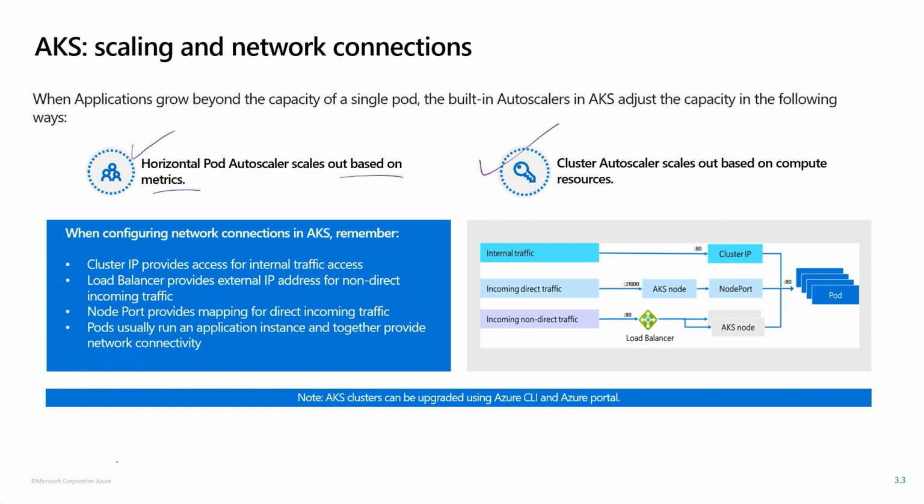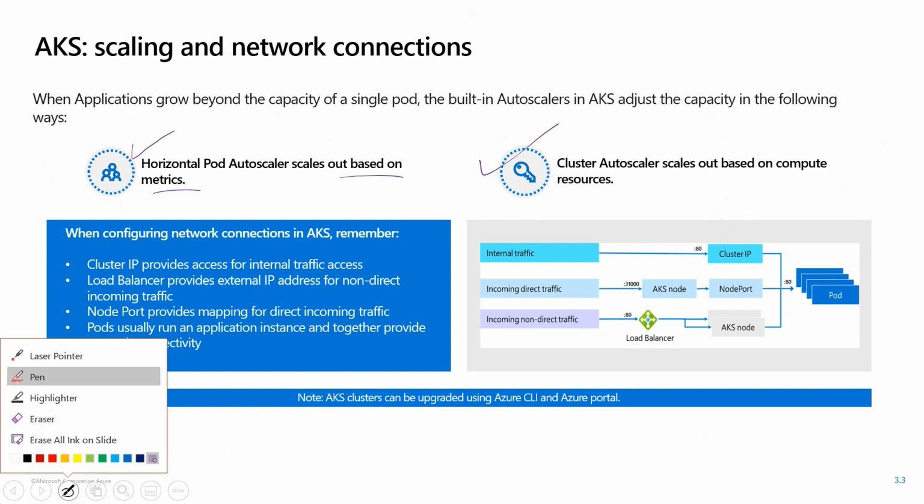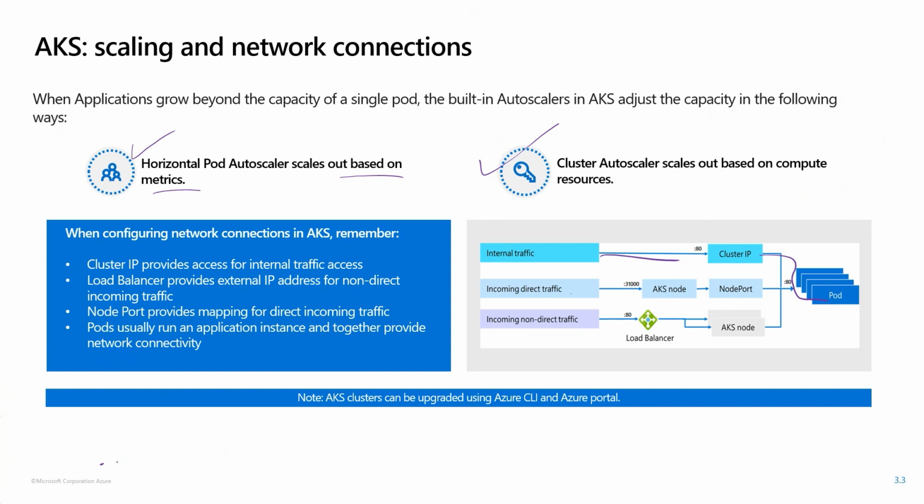AKS is free. You only pay for the agent nodes within your cluster, not the masters. So understand those components as well. And then the networking components that you're able to configure with AKS versus ACI. AKS allows you to use a cluster IP to provide access for internal traffic to your pod, for direct traffic to the node, incoming direct traffic that you have a map port to represent your node port.